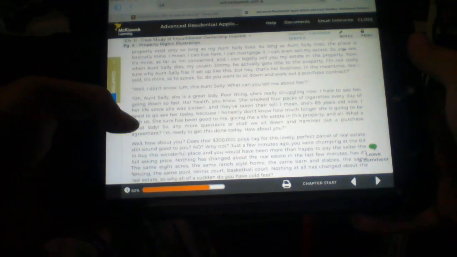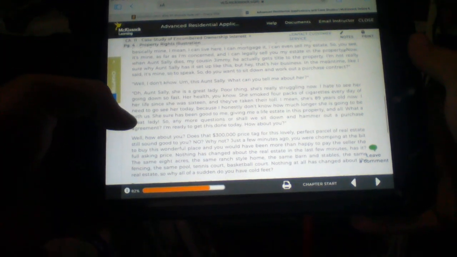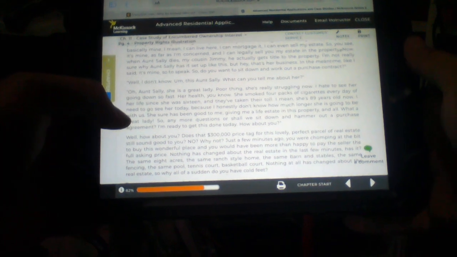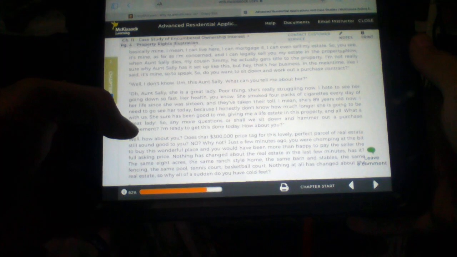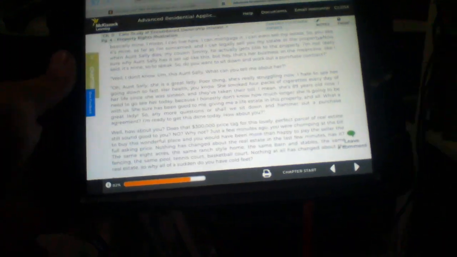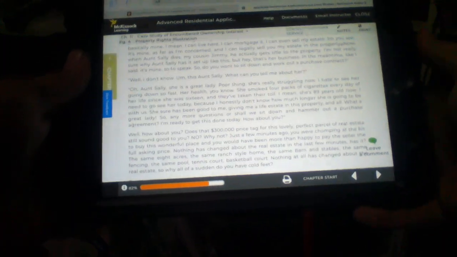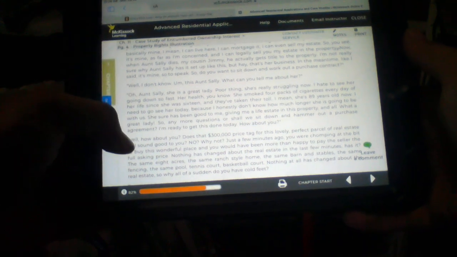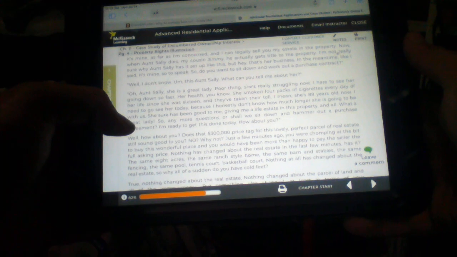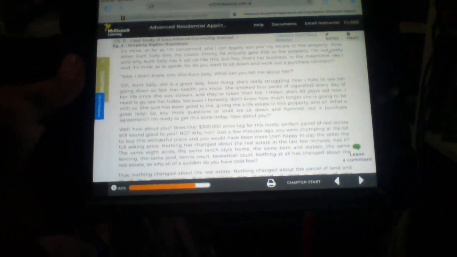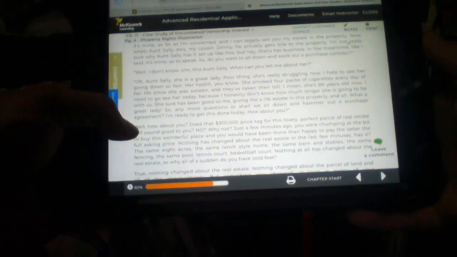"As long as Aunt Sally lives, the place is basically mine. I mean, I can live here, I can mortgage it, I can even sell my estate. So, you see, it's mine as far as I'm concerned, and I can legally sell you my estate in the property.